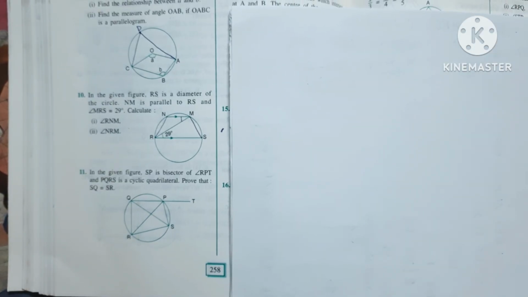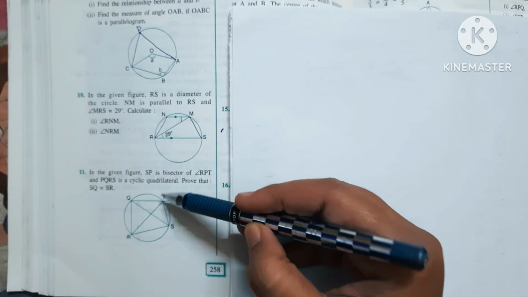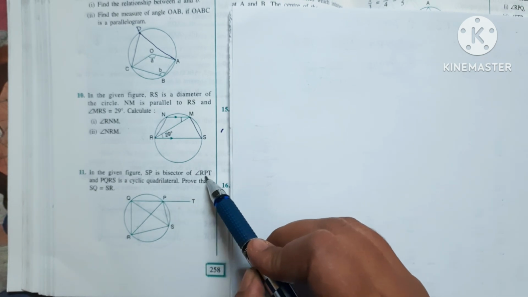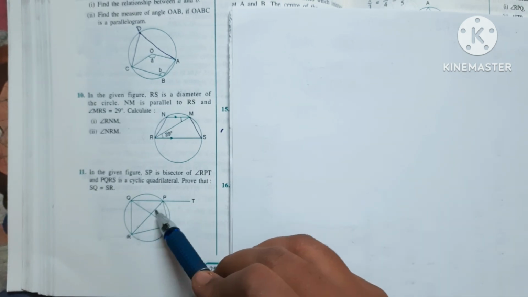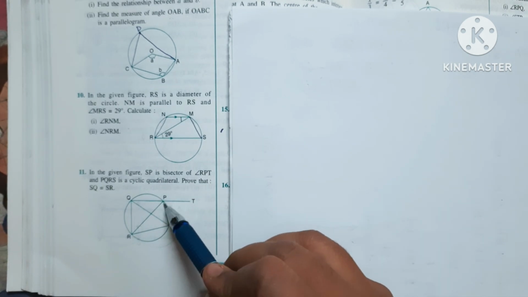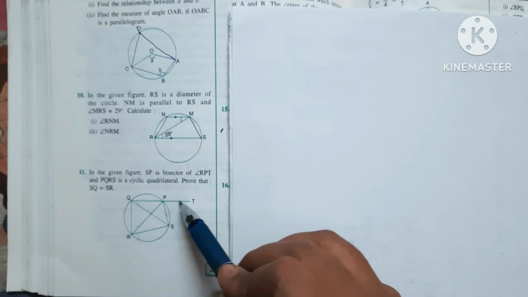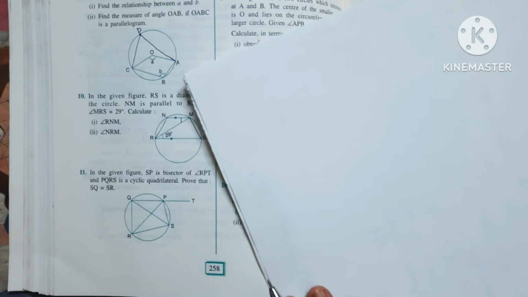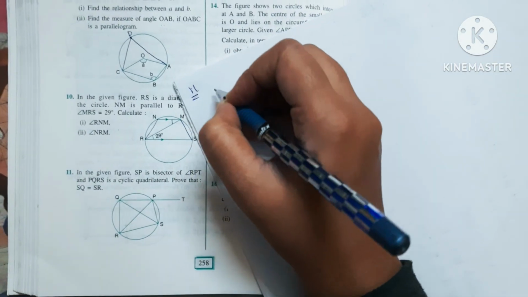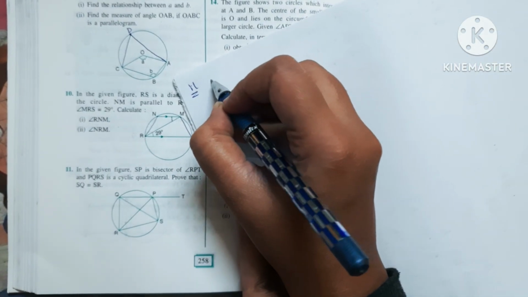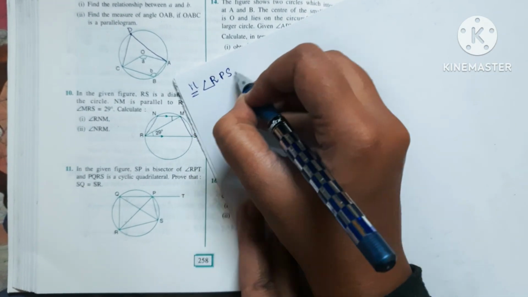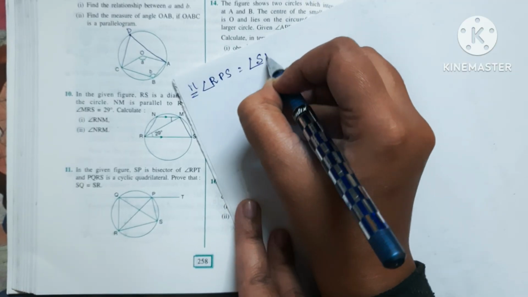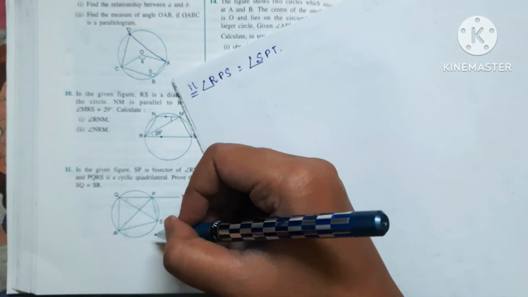In the given figure, SP is the bisector of angle RPT. If it is a bisector of RPT, that means this angle is equal to that angle. So from this picture, you can say angle RPS is equal to angle SPT. These two angles are equal.